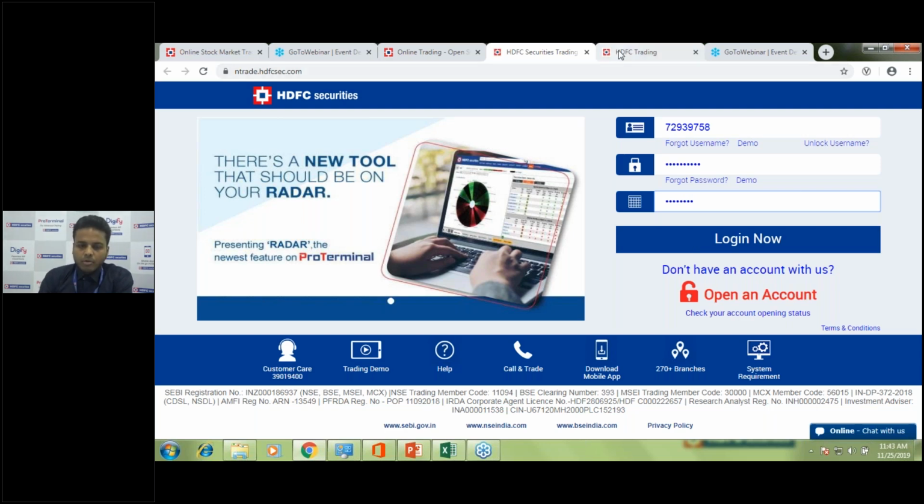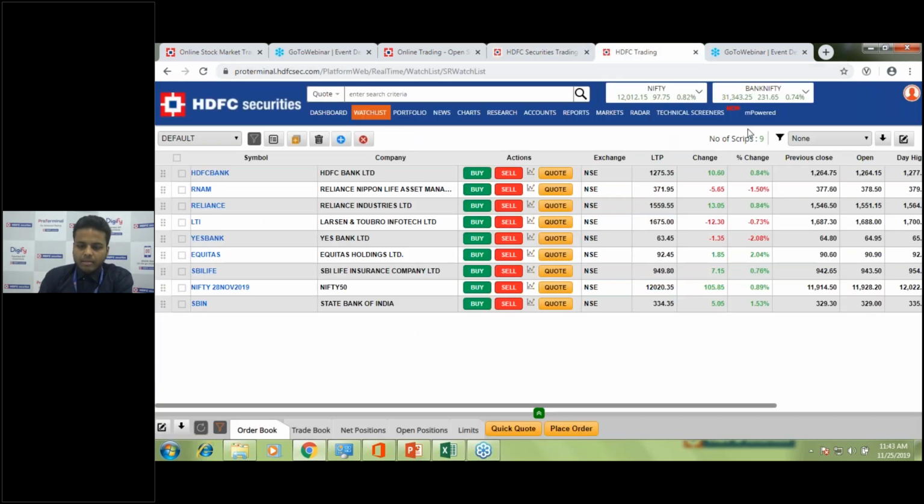Once you're logged into your account, you have to select ProTerminal on the right hand side, and your ProTerminal screen will open up.